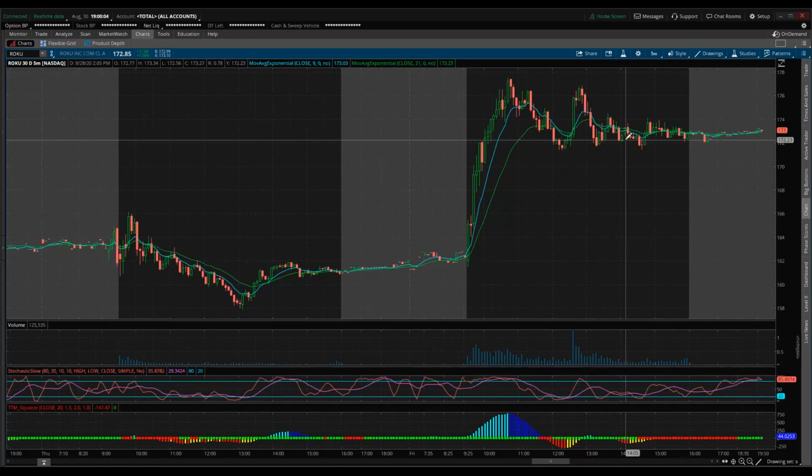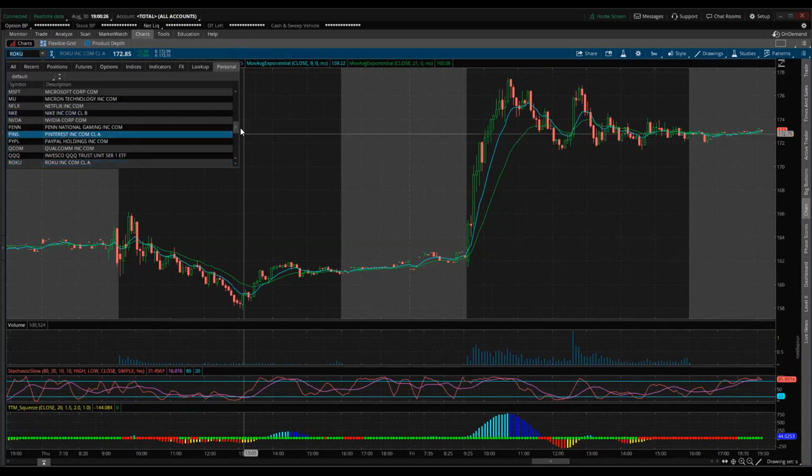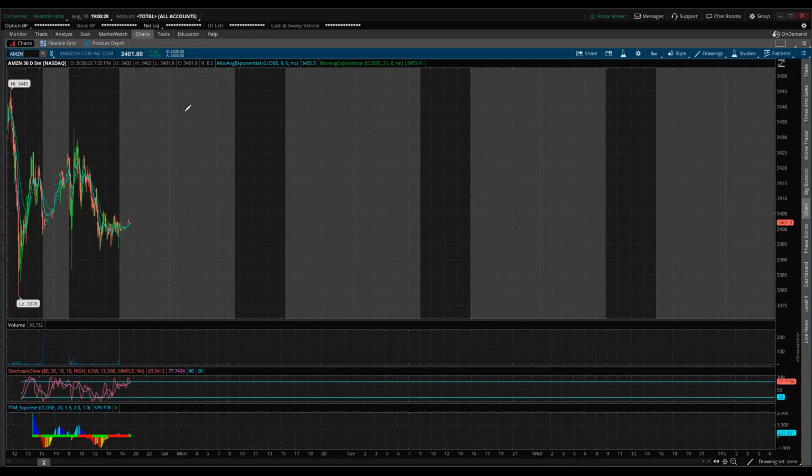For day trades, it's probably best to get into a trade at 10 o'clock and either swing it or day trade it till around 12. For swing traders, it's probably best to get into positions around 2 to 4 o'clock and hold till tomorrow or whenever you're holding it till.